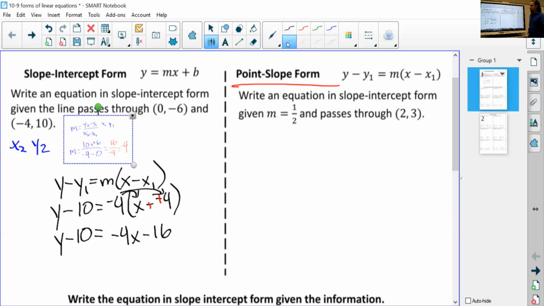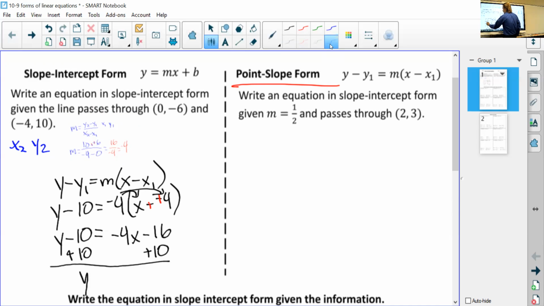Then the second step is always to bring over the number on the left-hand side. So we do plus 10 to both sides, and that gives us y equals negative 4x minus 6.